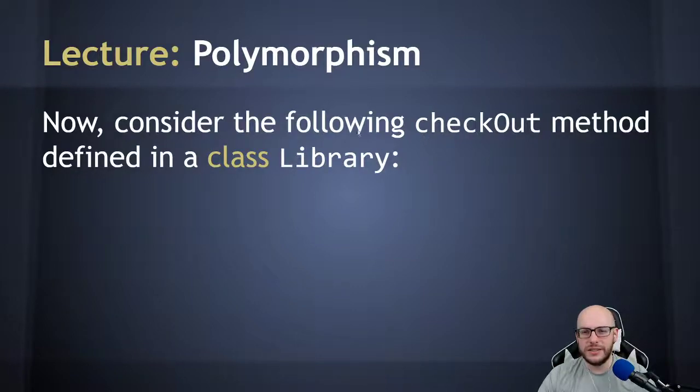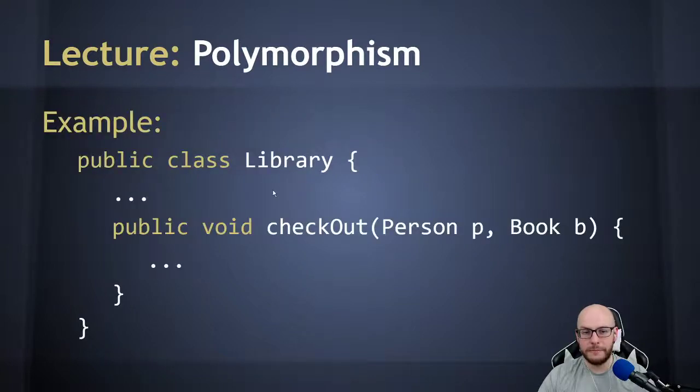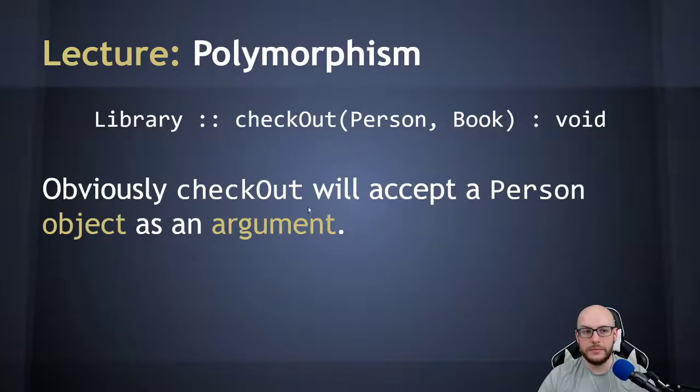Now, let's consider a checkout method, maybe defined in a class called library. So I have my library class, I have checkout, and we're saying that in order to check out a book from our library, we need some information. We need to know who is checking it out, and what book? Here, we're defining some parameters: a person and a book.